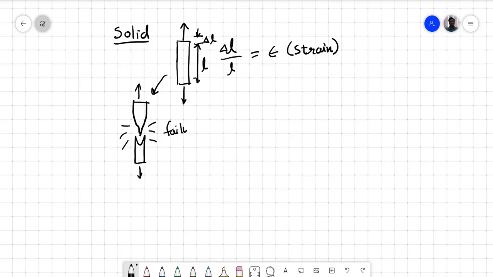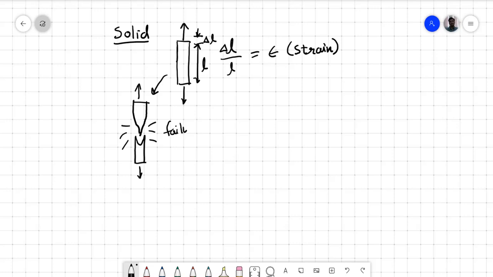Let us denote this F by Fn. And the shear stress is tangential force per unit area. So if there is another force Ft which is tangential to this surface, then shear stress will be Ft by the area on which this force is acting.